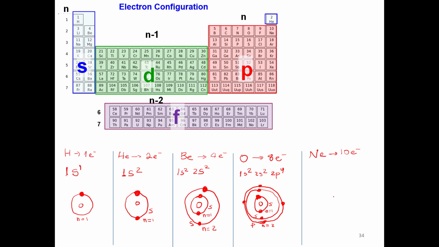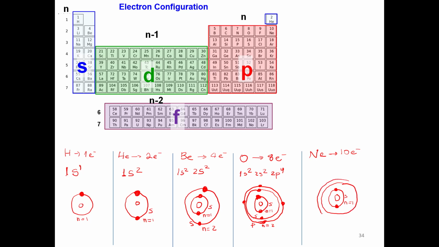Let's try to do the diagram here. This is the nucleus, then n equal 1. This is S, 2 electrons. It's full. We know its maximum can hold 2. Then we need to move to the next orbit, n equal 2.